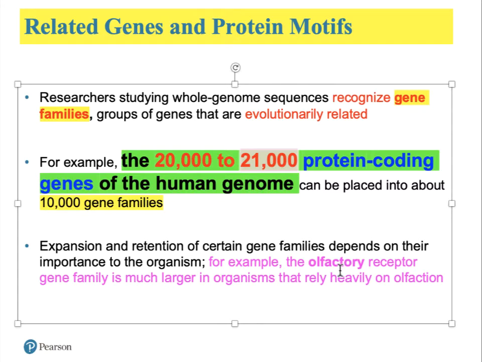Some gene families may have more members than others. Others may only be present in single copy. A great example is the olfactory receptors, whose gene family in humans numbers 400 members or so. But in other creatures, such as mice, these numbers could be up as high as 1200 to 1400 members.